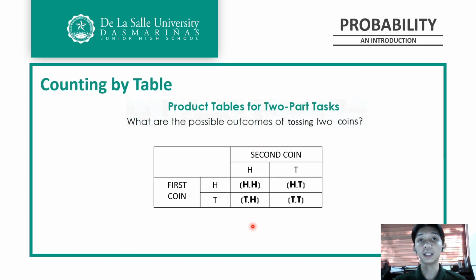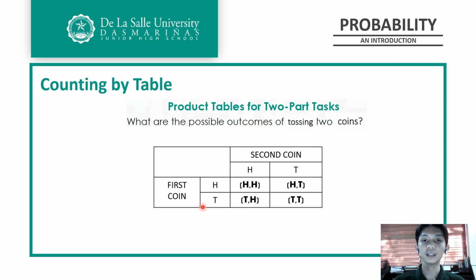Another way is counting by table, or product tables for 2-part tasks. So unlike the first one, this is only applicable for 2-part experiments or situations. The first part in this example is tossing the first coin, while the second part is tossing the second coin.